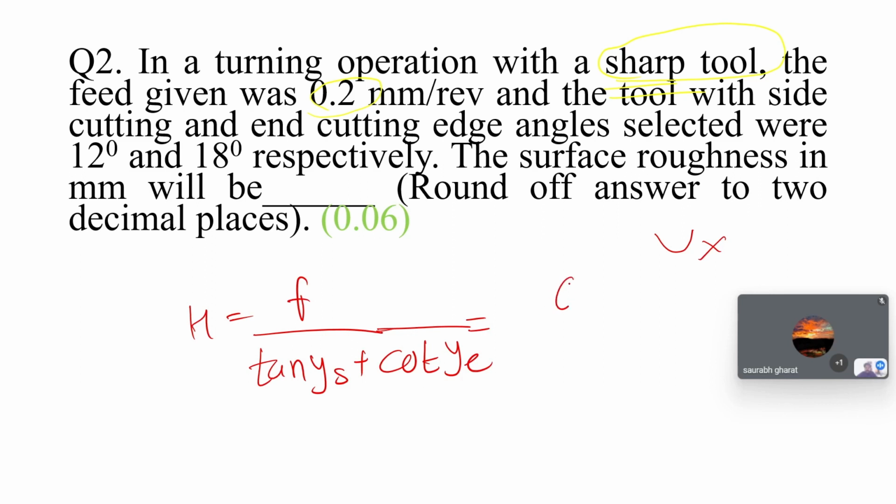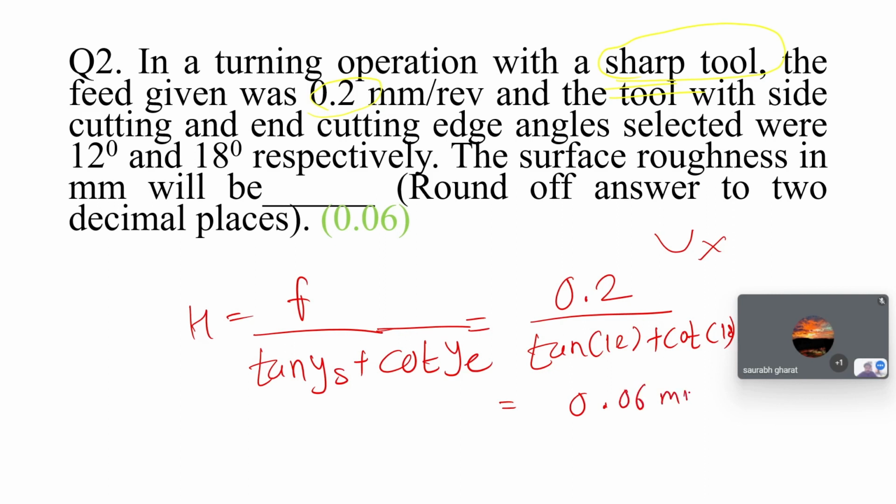If you put in your feed, 0.2 millimeter per revolution, tan 12 plus cot 18, you get the answer 0.06 millimeters, which is given here. So this will be your answer. This is how you can get the answer by the formula.